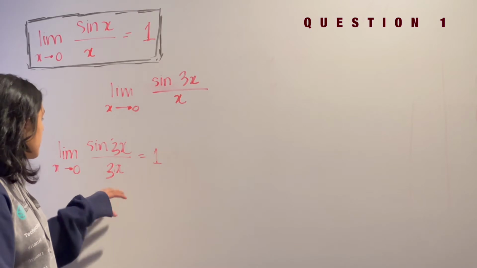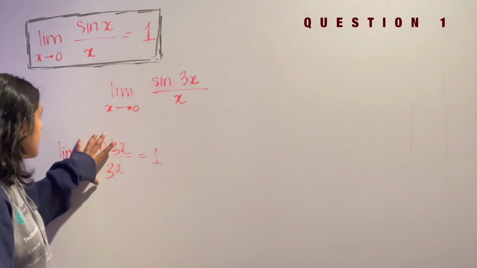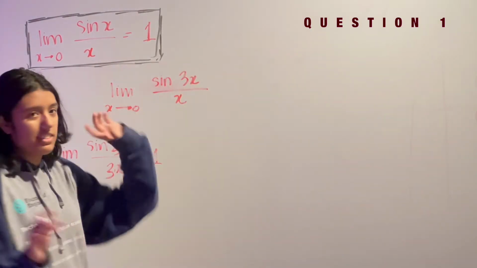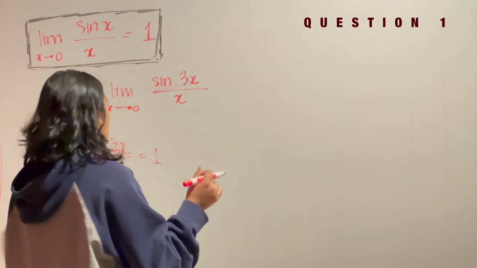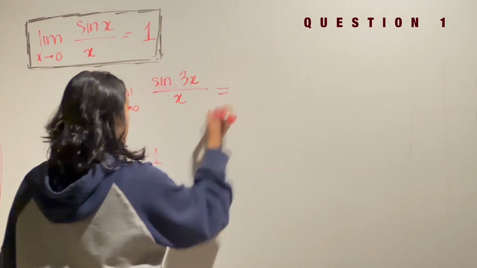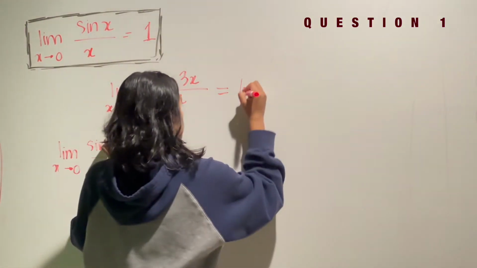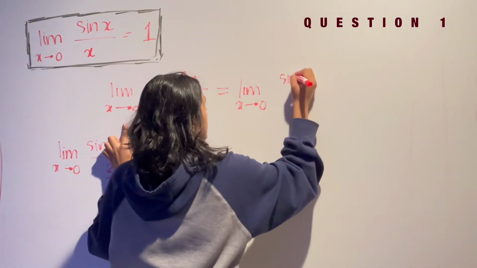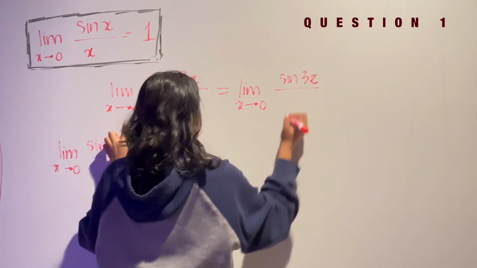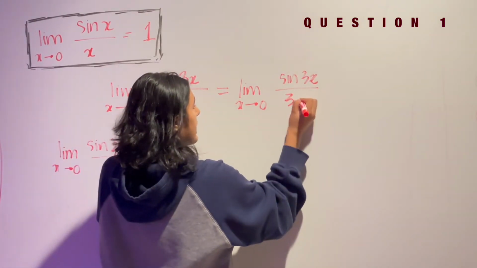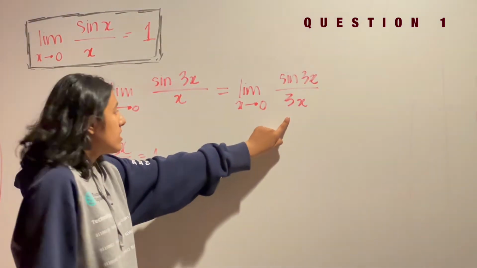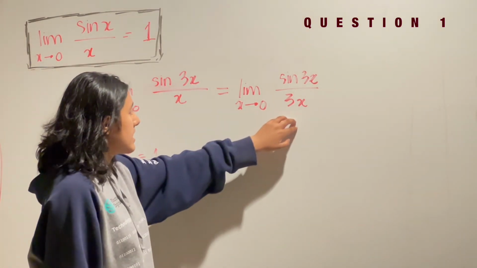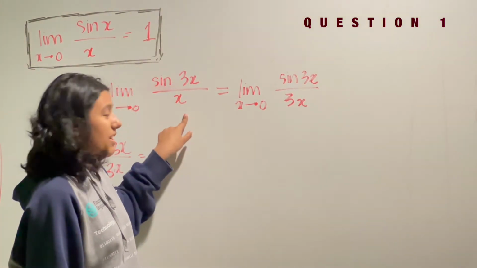So now we essentially have to put this into something like this. We can rewrite it, keeping the limit the same, and now we're going to introduce a 3x here. So now that we have a 3x here, this is obviously not equal to this.